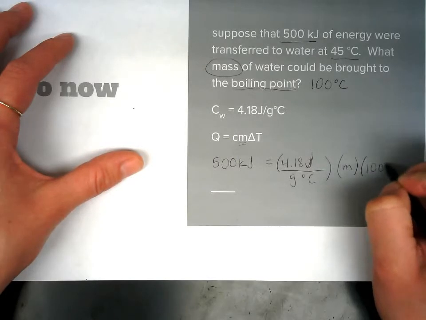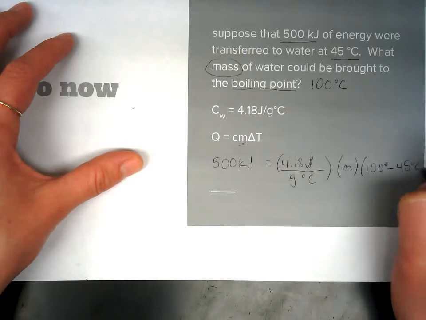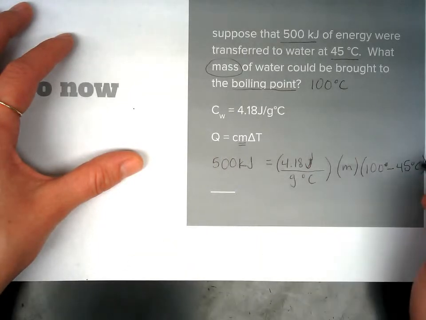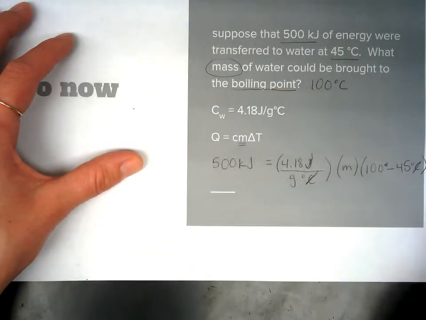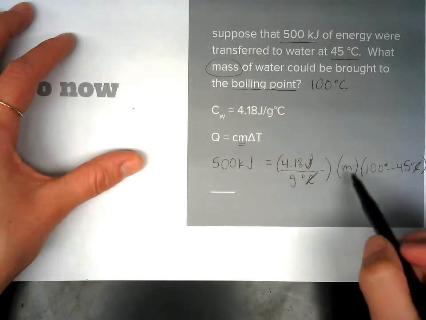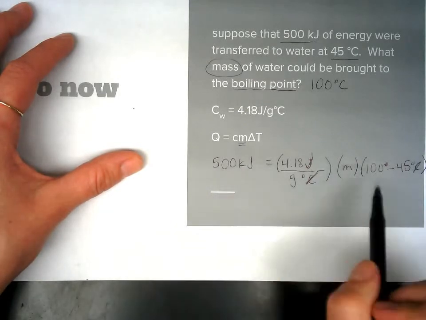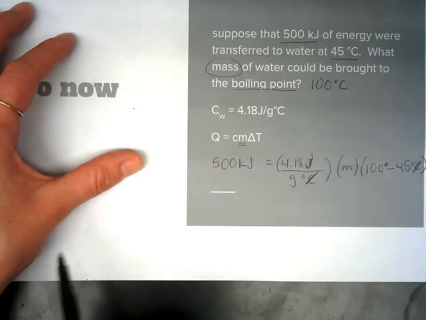So final is 100 minus 45 degrees Celsius. So here my degrees Celsius is going to cancel out, but my mass isn't going to cancel out yet because that's what I'm solving for. So when I rearrange this equation, everything will work itself out so that I'm left with grams.